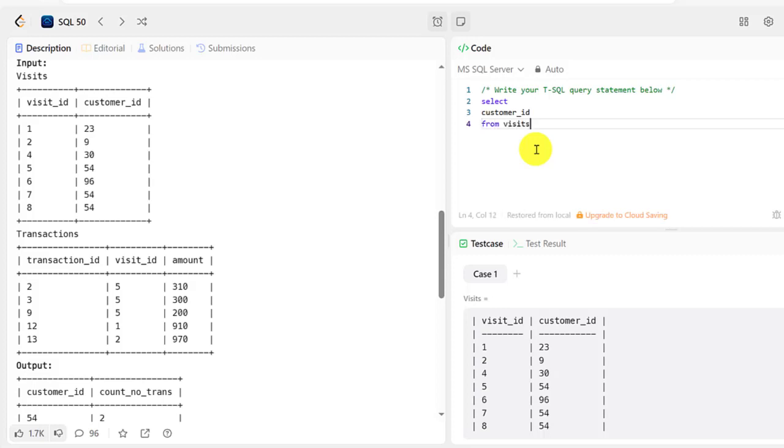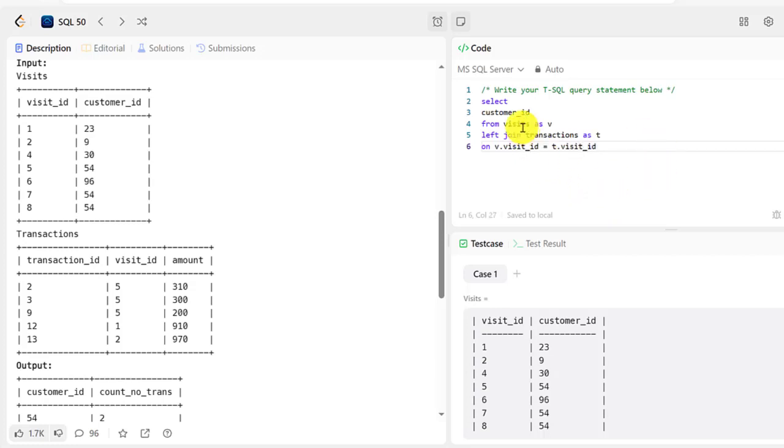So this will be my left table, and I'm just gonna give it an alias V. And then I'm gonna left join my transactions table, and I'm gonna call it T, and I'm joining it on what column? If we remember, it is the visit ID, because it's common in both of them, so we can link them together. V.visit_id equals T.visit_id.